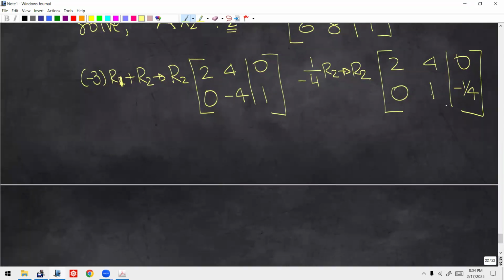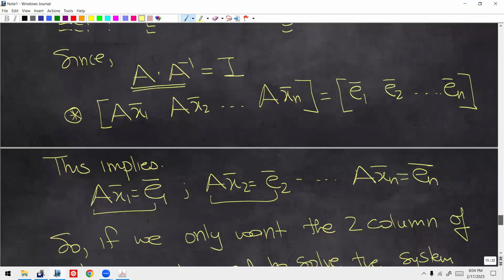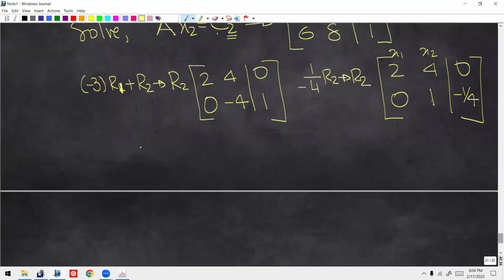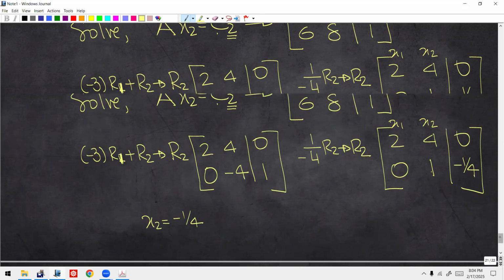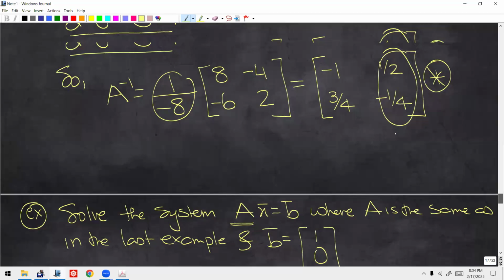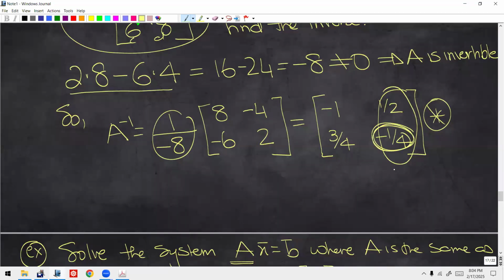I'm going to call these x1 and x2 because we're trying to find x1 and x2. Remember, the inverse matrix columns we call x1, x2, x3, while the regular matrix was a1, a2, a3. So that tells me that x2 is equal to -1/4, which actually gels with what we had here. Remember, we're looking for the second column, so we already know that. So x1 should be 1/2.